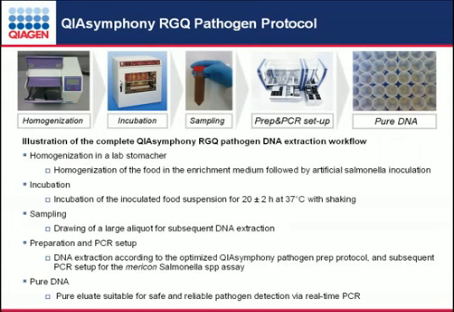And just very quickly and briefly here, the Qiagen RGQ pathogen protocol uses the same workflow. You homogenize, you incubate, you take a sample, and you put the sample in the Qiagen, which is the instrument pictured here. The Qiagen will take the sample, it will lyse the sample with a thermal lysis, and then use a bead-based assay to purify the DNA.